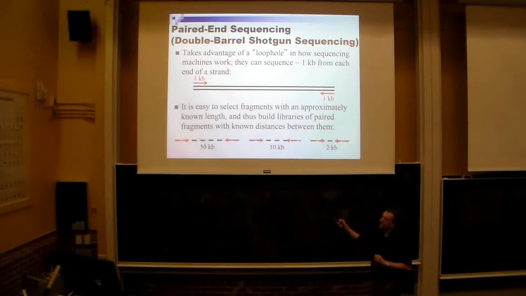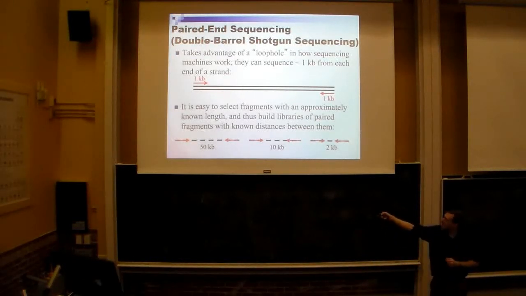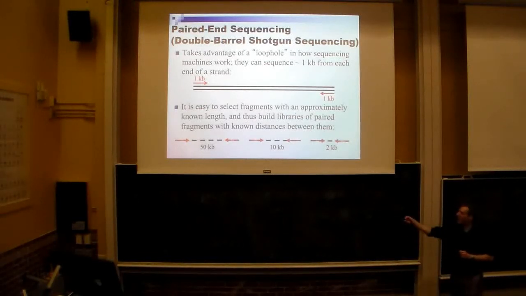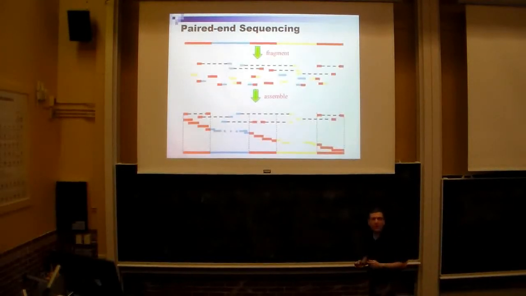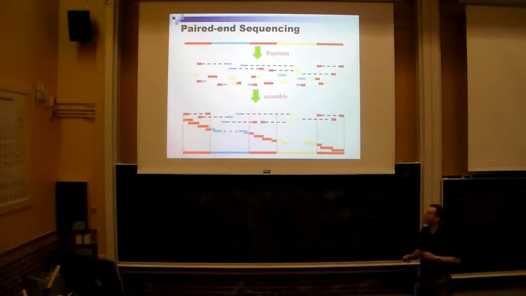So what you then have is not just single 1 kilobase pieces of sequence, you have pairs of 1 kilobase sequences where you know approximately the distance between them, and that distance can be fairly large. And that turned out to be the key thing you needed to make it possible to assemble large genomes that have significant amounts of repeats. So in particular, when we start getting these libraries of paired-end sequences, where we have this big gap where we don't know the sequence, but we know the approximate length, then we have a way of solving the problems that come up from repeats.